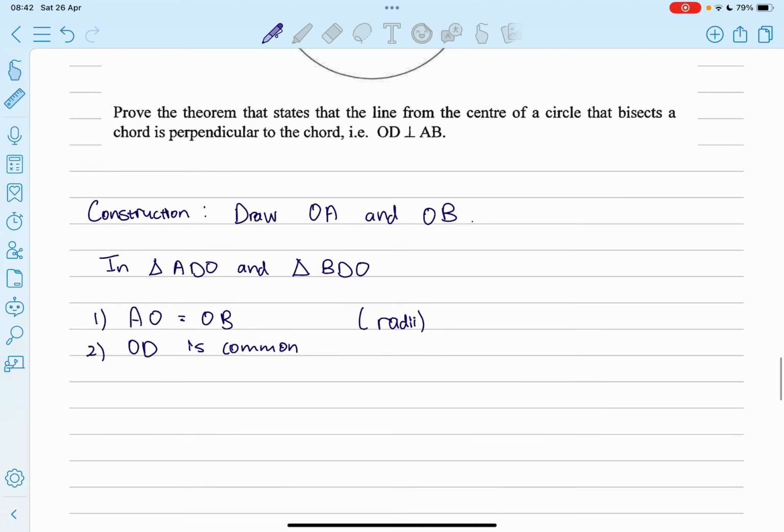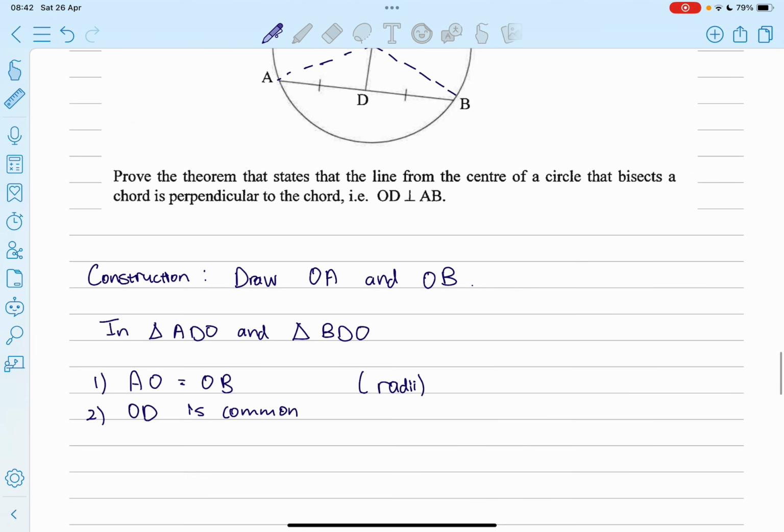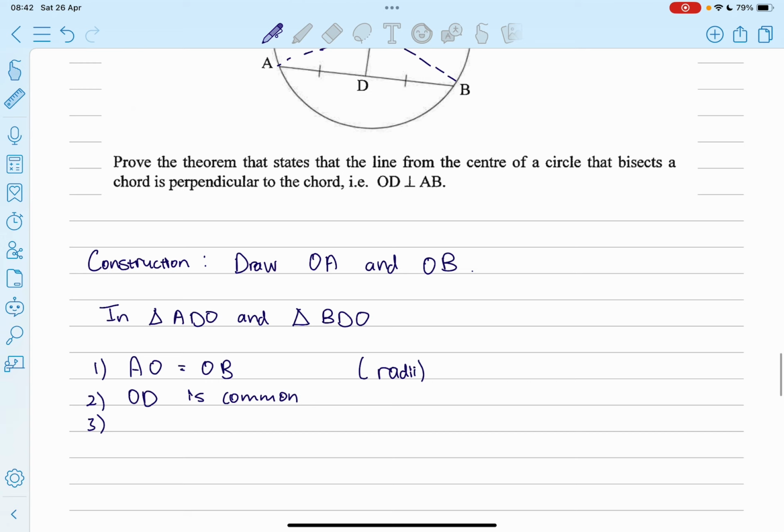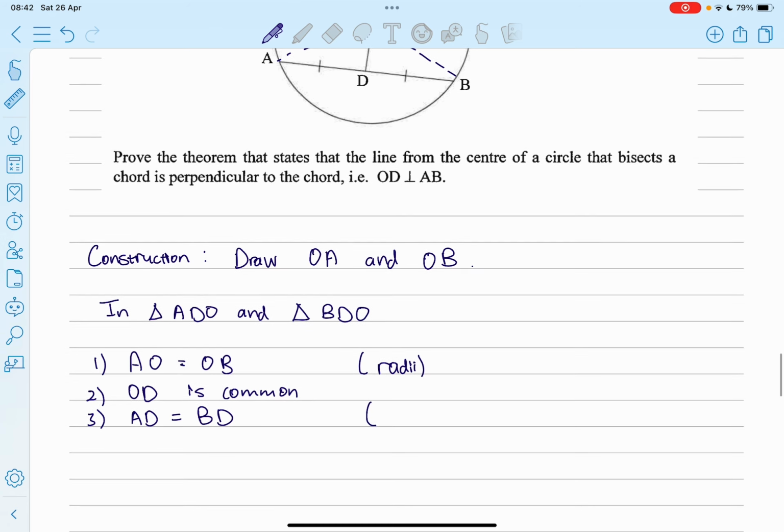There really isn't a theorem or proof that we need for that. It's quite visible. And then lastly, AD is equal to BD, and this is because it's given.